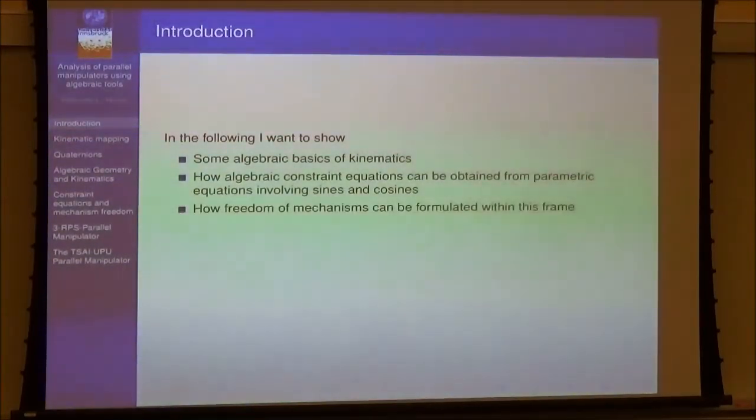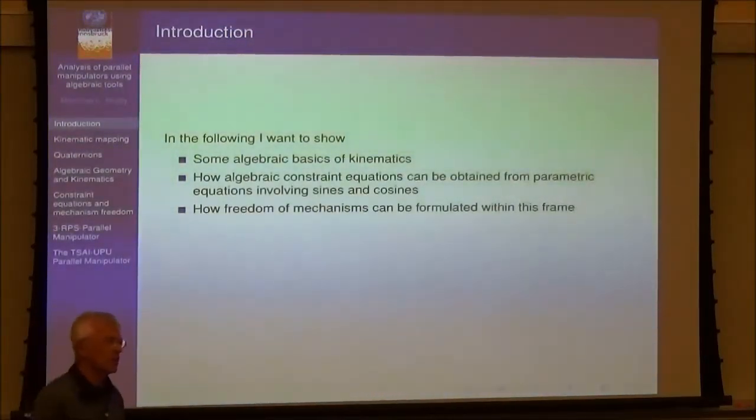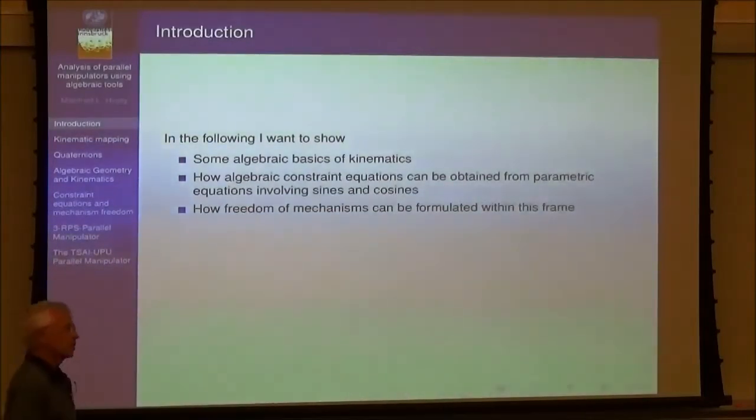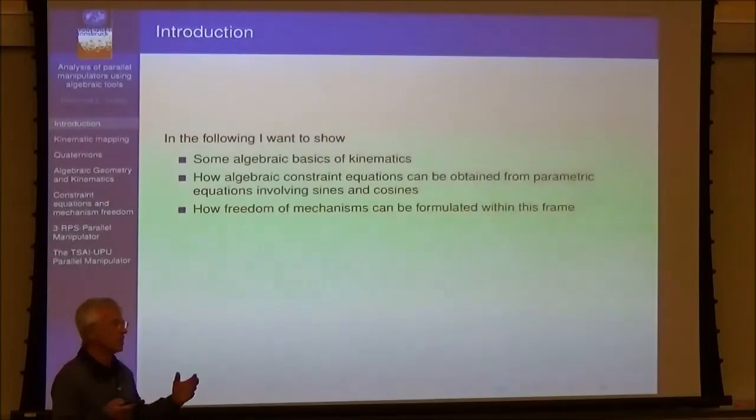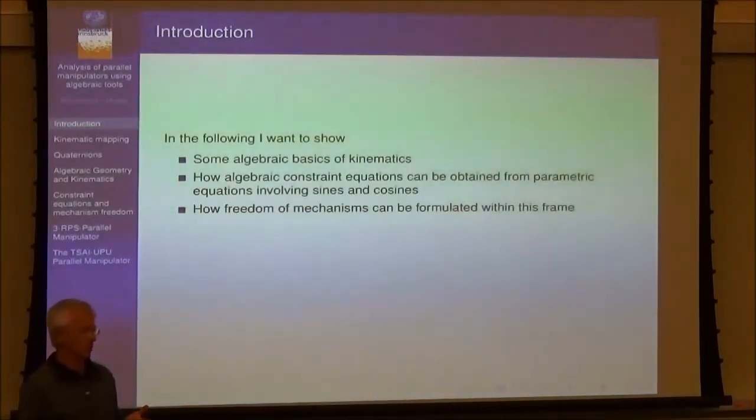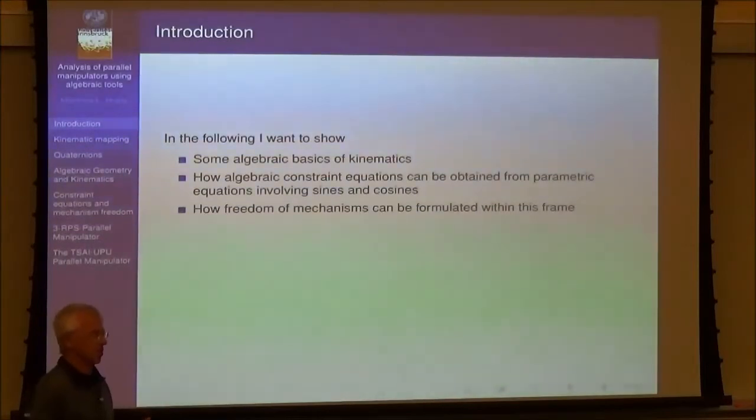I want to show you how the freedom of mechanisms can be formulated within this frame. When I talk about freedom of a mechanism or freedom of a chain, you all maybe know the famous Grübler, Kutzbach, Chebyshev formulas, which give you some information on the topology of a kinematic chain.